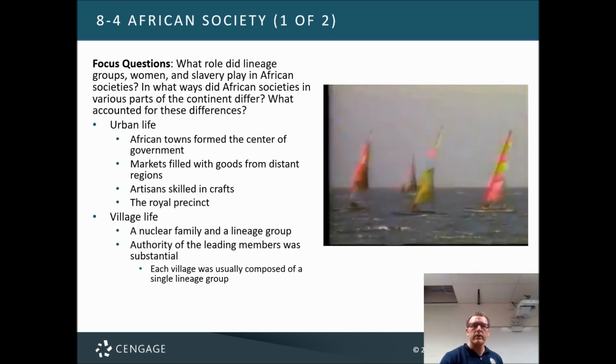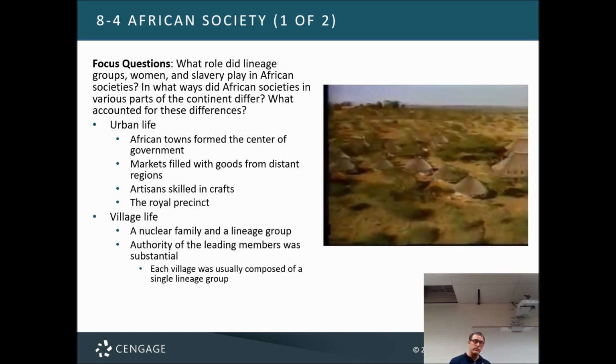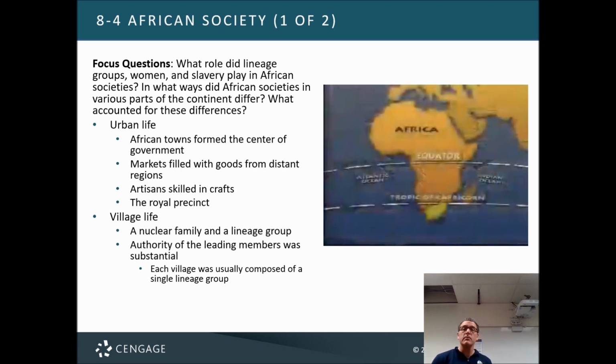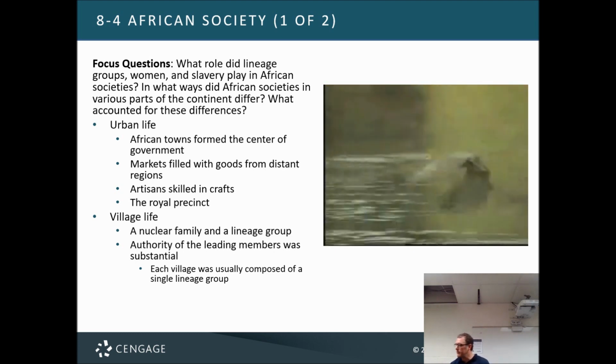And so, life in the village. Most Africans lived, really until the Industrial Revolution, in these small rural farming villages. And so, like Confucius talked about, the basic aspect of civilization is the family, and this can be evidenced by people living in stateless societies.